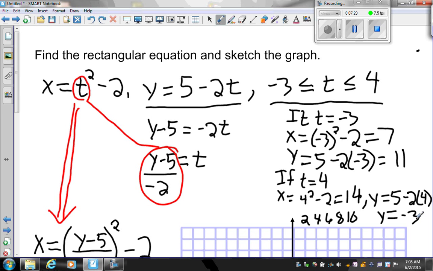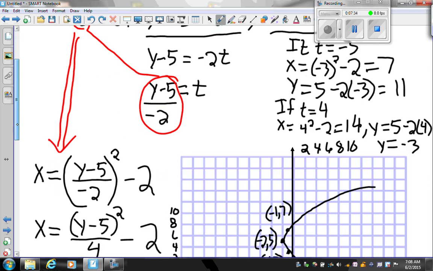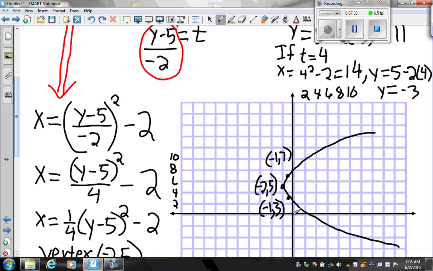All right, so we get 2 more points on our graph. We get the point 7, 11. So 2, 4, 6, 7, 2, 4, 6, 8, 10, 11.